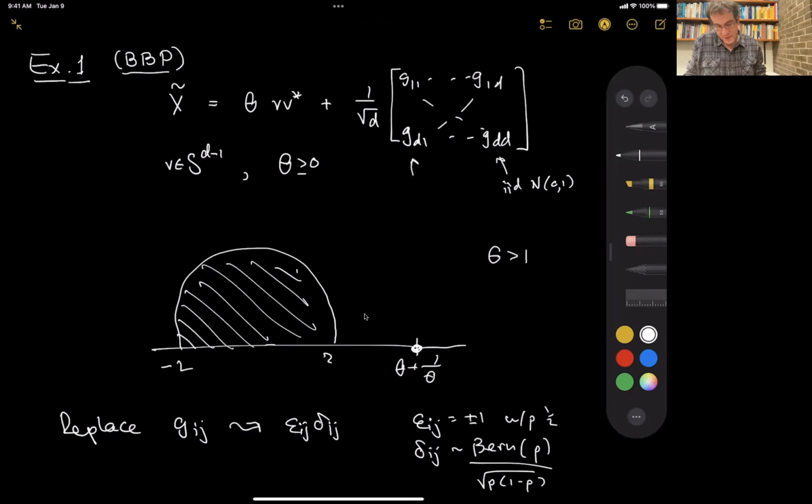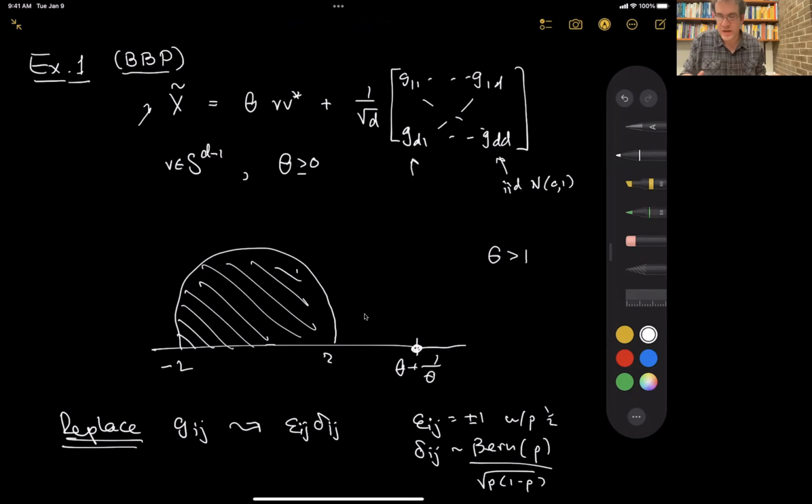Now, in principle, if you think about this from the perspective of our theorems, what do you see? Well, when I make this replacement, I haven't changed the mean and the covariance of the entries of the matrix. So the Gaussian model is just the original random matrix I have here, and the new model is the sparse one.